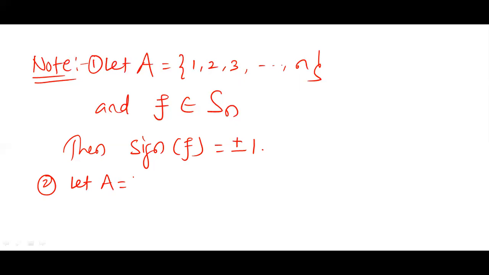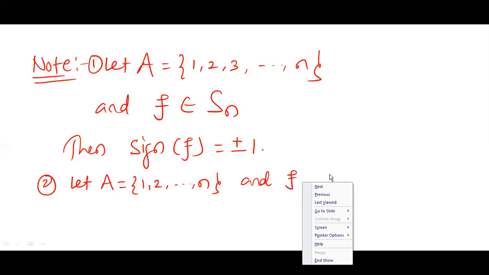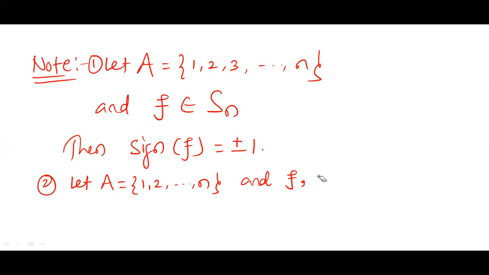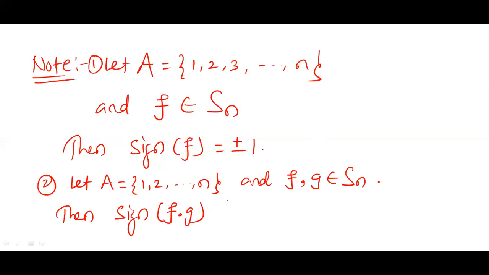Second note, let A be a set containing n elements 1 to n and F and G are any two elements of Sn, means F and G are any two permutations of a set A, then signature of F composition G. We have seen how to find composition of two permutations in previous videos.